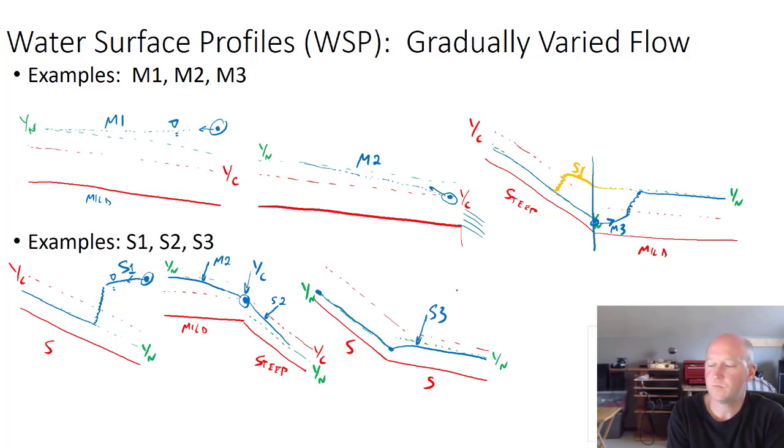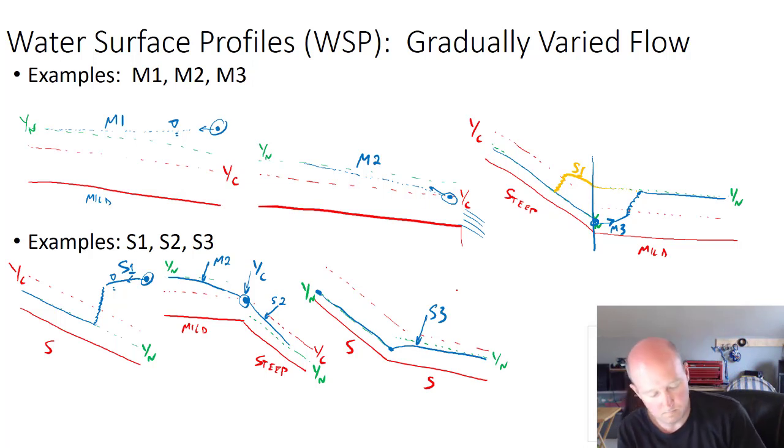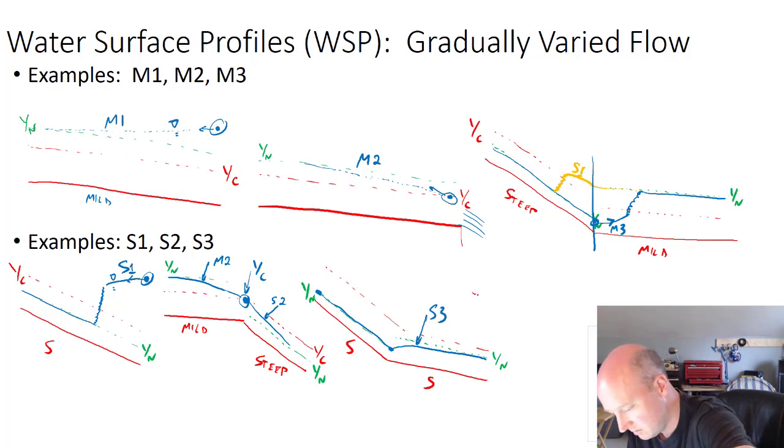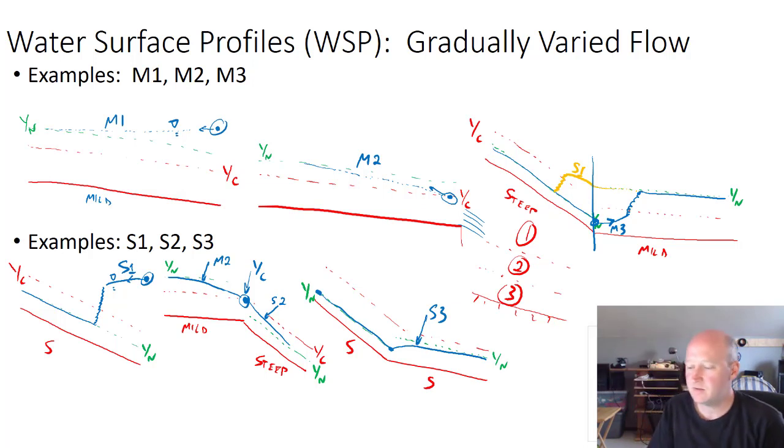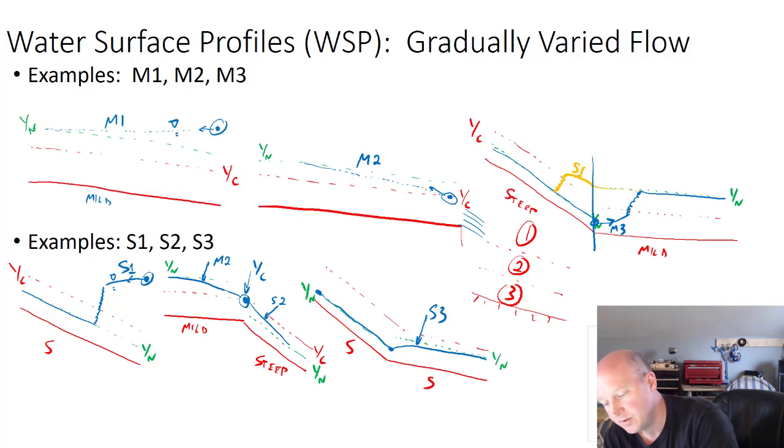So I guess the takeaway might be that if we look at these sections, whether they're mild or they're steep, we can break those sections down like this. Depending on if it's mild or if it's steep, this could be normal depth or it could be critical depth, right?